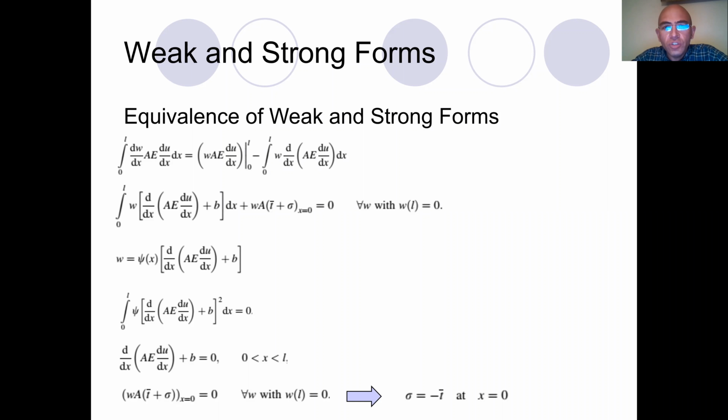Okay, now we will continue and prove the equivalence of weak and strong forms. We derive the weak form beginning from the strong form, and in the forthcoming lessons we will see how the weak form will work.